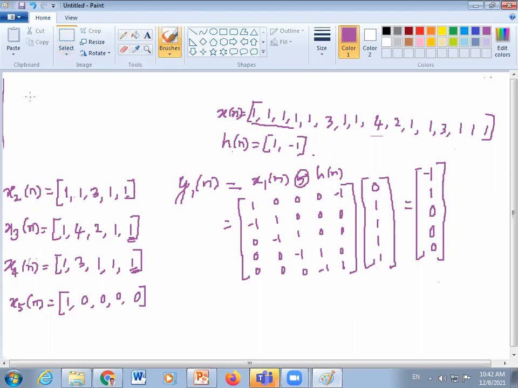Okay, let's write the first y1 of n here and calculate the remaining values. This y1 of n is equal to minus 1 1 minus 1 1 0 0 0. Okay, just calculate y2 of n.